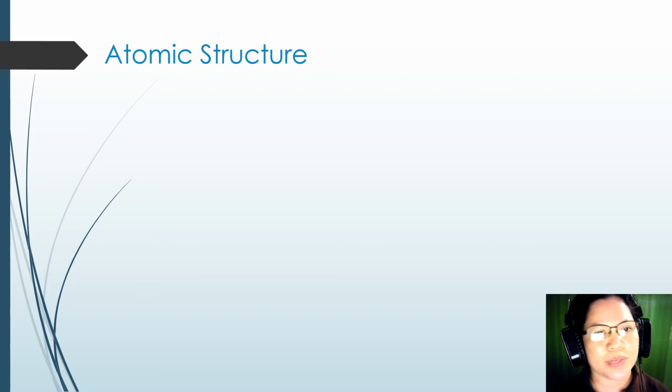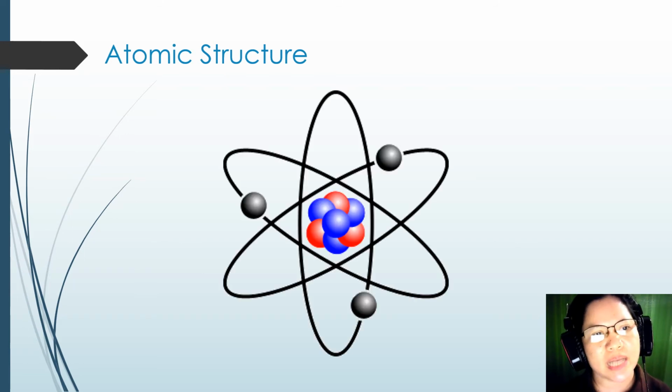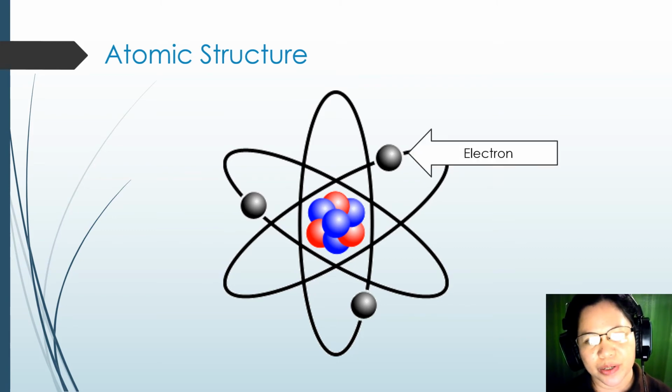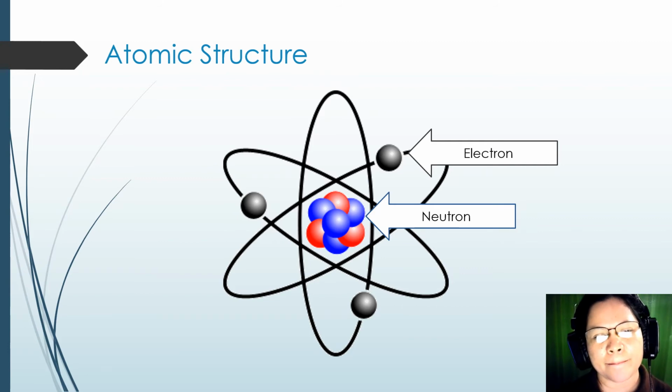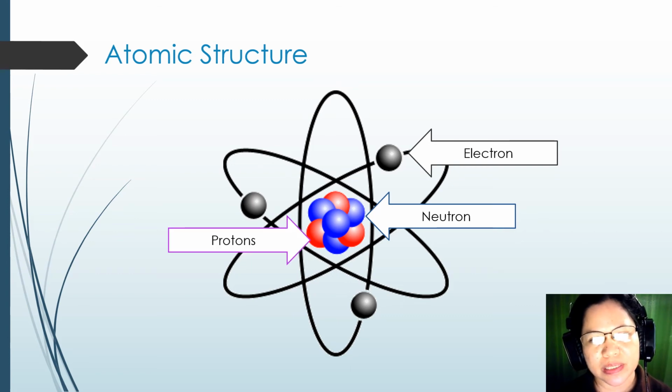So, what about the atomic structure? So, this is how the atomic structure looks like. Okay. So, this is the electron found in the orbit as mentioned by Niels Bohr. Then you have here the neutron, the blue one. That's the neutral charge. And then you have there the protons, the red one.